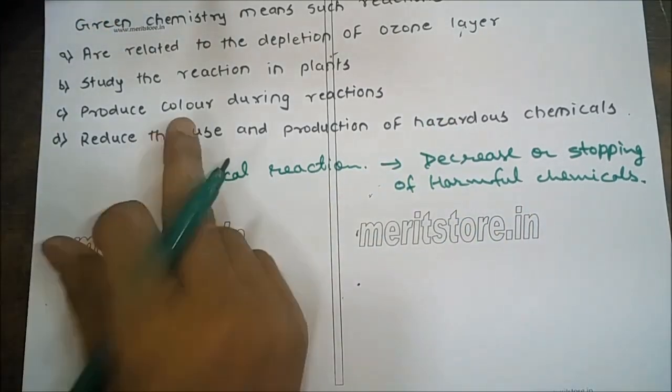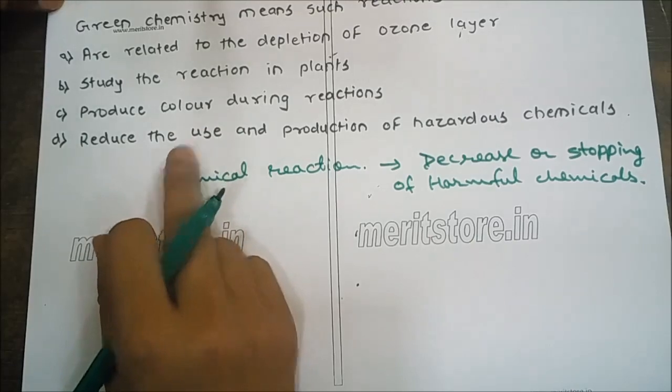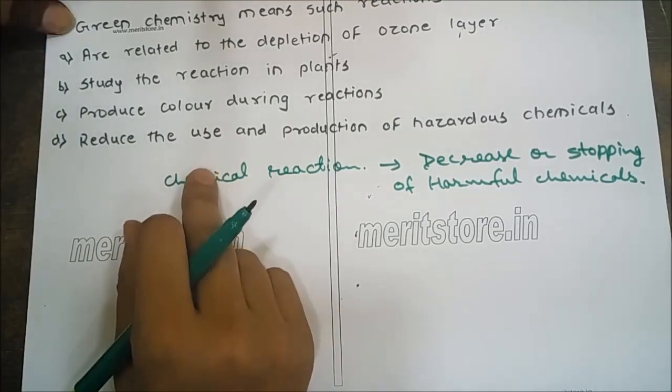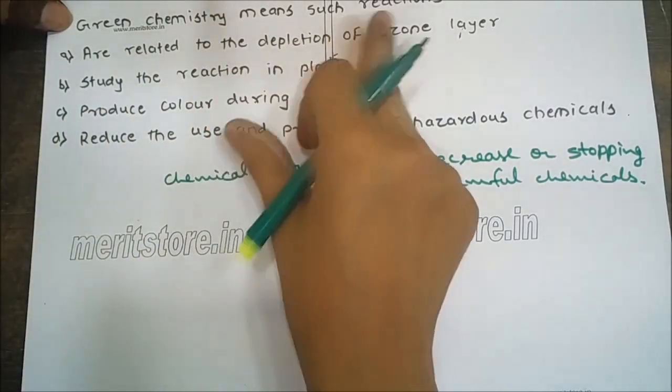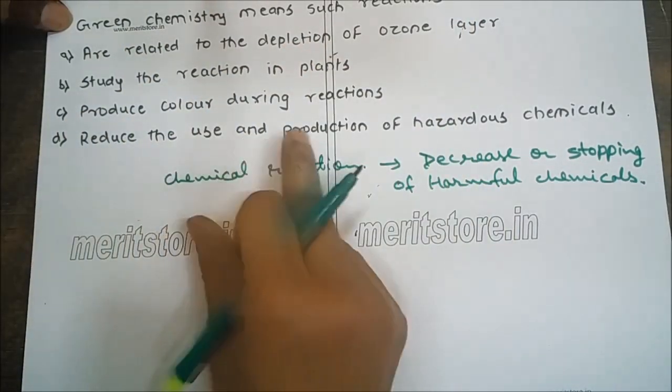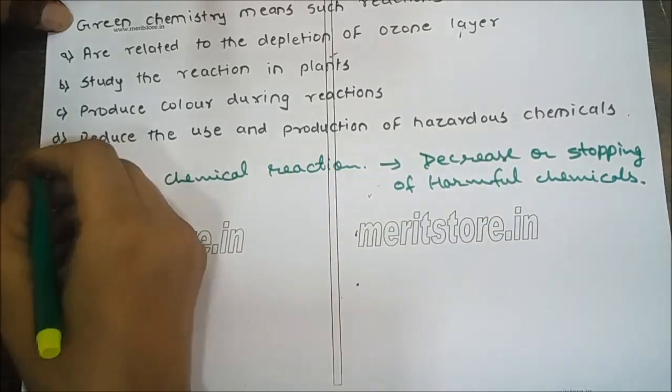So by applying green chemistry we can reduce the pollution. So green chemistry means such reactions which reduce the use and production of hazardous chemicals.